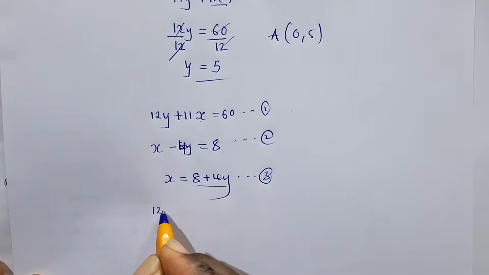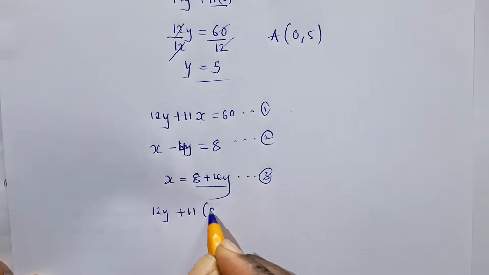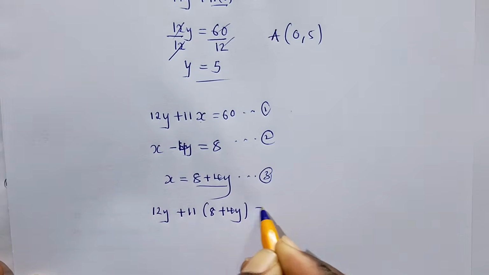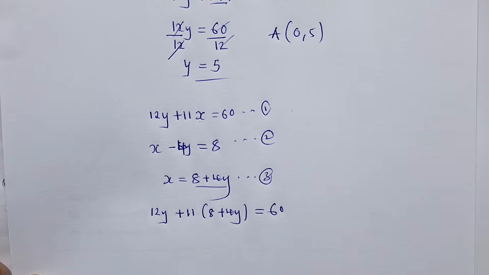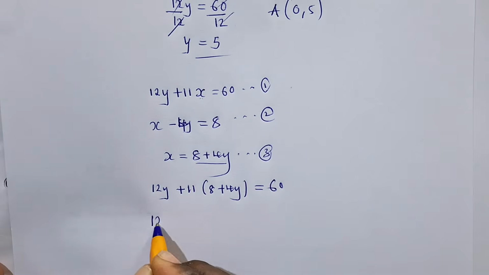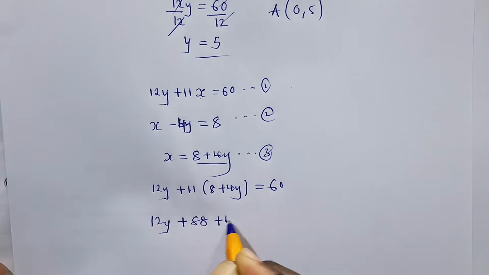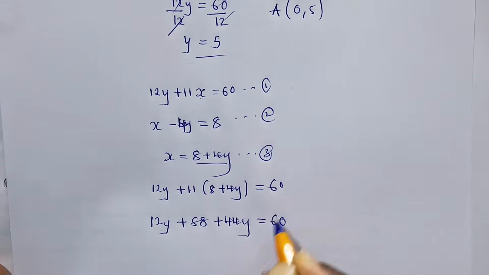So that would be 12y plus 11, open bracket, 8 plus 4y, close bracket, is equal to 60. From here, we solve: 12y plus 88 plus 44y is equal to 60.